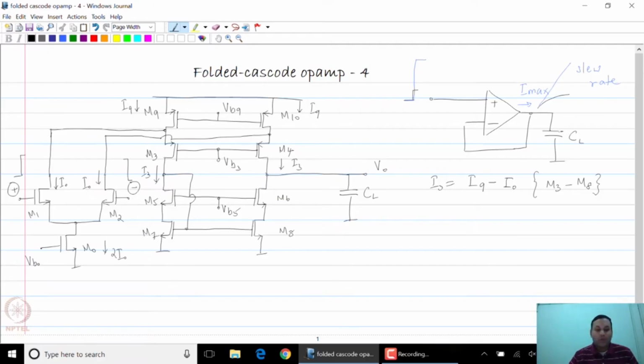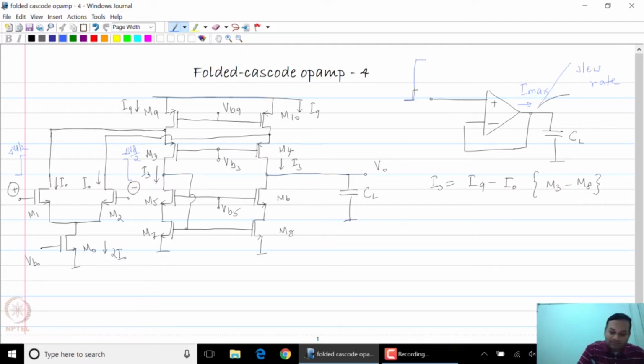Let us assume this is a positive step, so that the gate of M1 goes very high and the gate of M2 is pulled very low, delta VD by 2 and minus delta VD by 2, so that there is a large delta VD at the input.